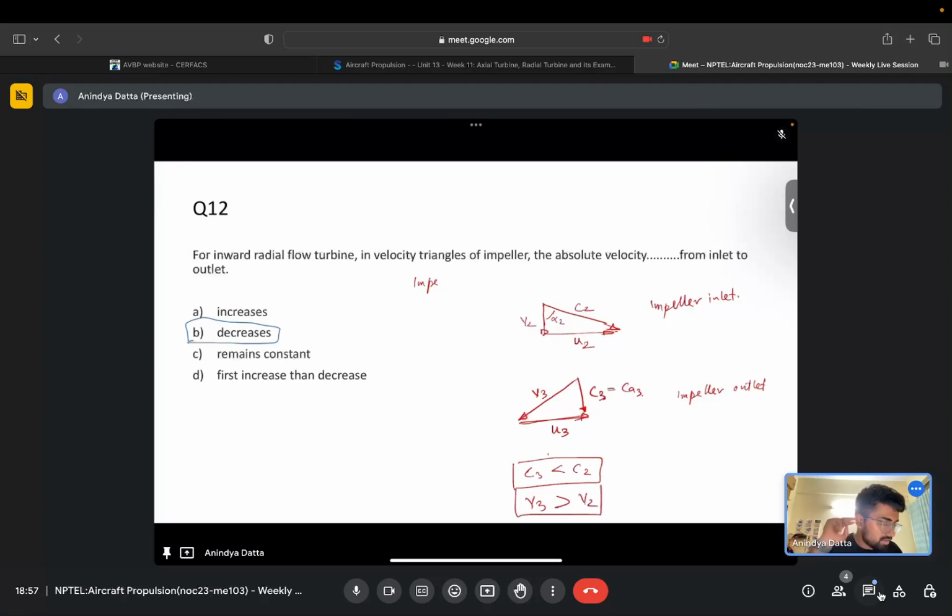So the trends that we see for the absolute velocity and relative velocity components remain the same irrespective of whether it's a radial flow turbine or axial flow turbine. All right, these are the important fundamental concepts you should be knowing.